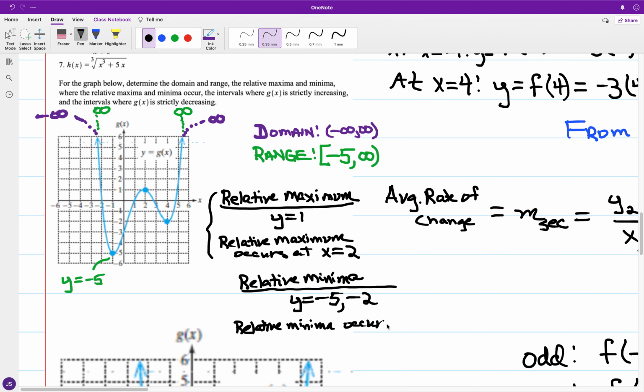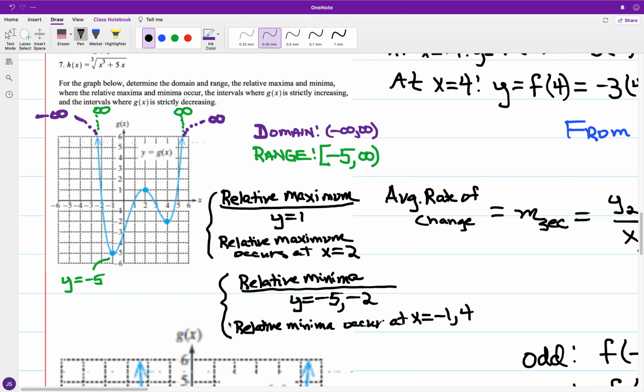The relative minimum occurs at x equal to -1, and the other relative minimum occurs at x equal to 4. That's how we got y equal to -2. So the relative minimum occurs at x equal to -1 and also at 4.